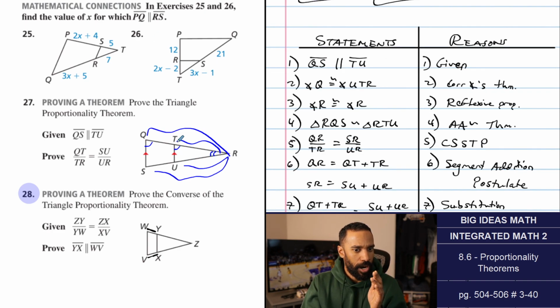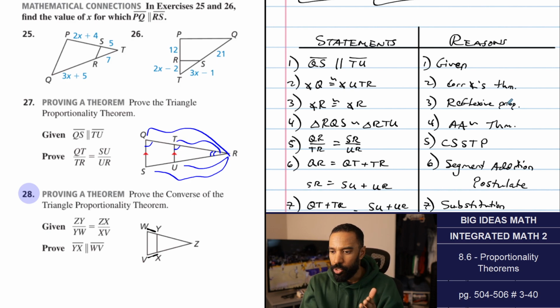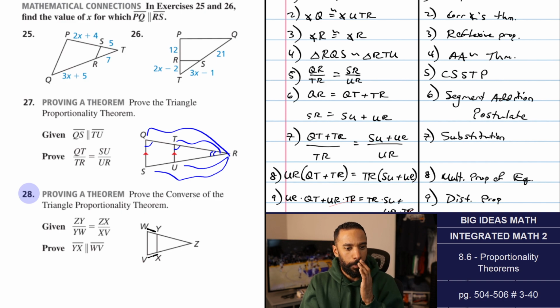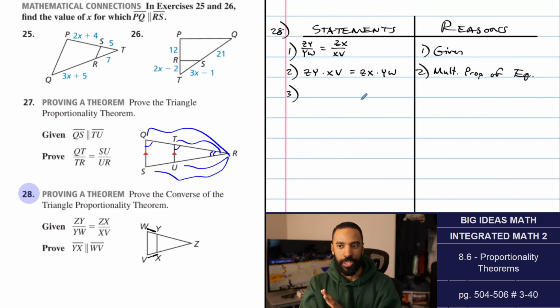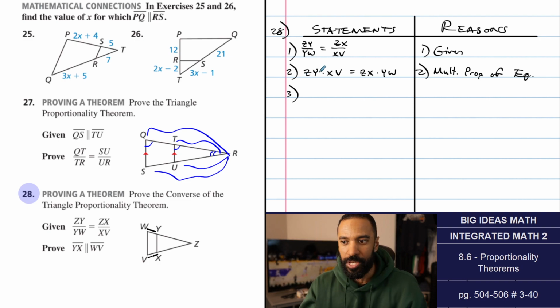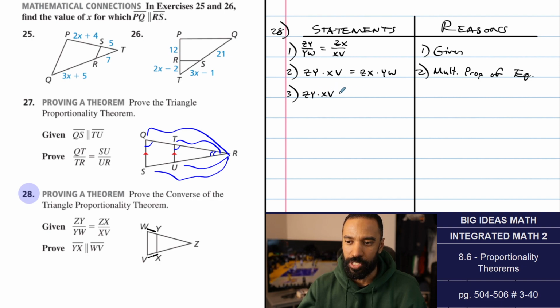UR and TR were the parts that multiply together. So basically I need some sort of YZ times XZ thing that goes into both, or ZY times ZX. I need this on both sides, and I think you'll see why in a moment.